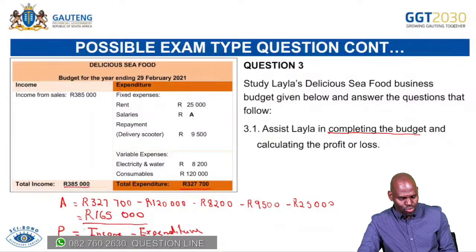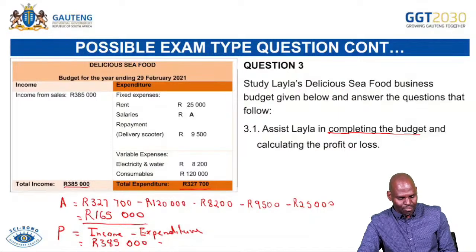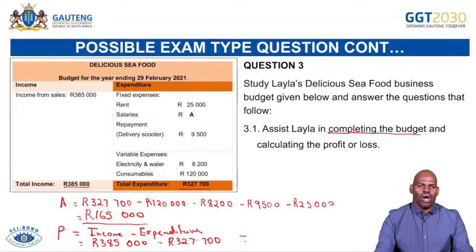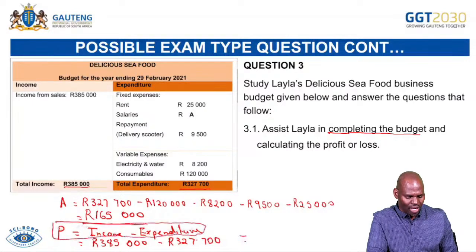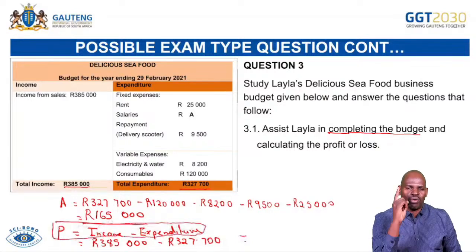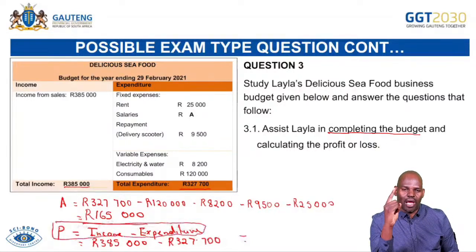Okay, then I do the substitution. Income is 385,000, and then I subtract 327,700. Now, boys and girls, if you are using this formula of profit equals income minus expenditure, and you get a positive answer, you must know that that is a profit.